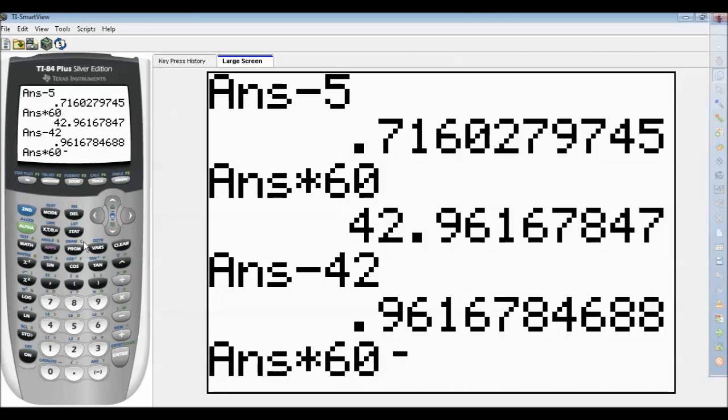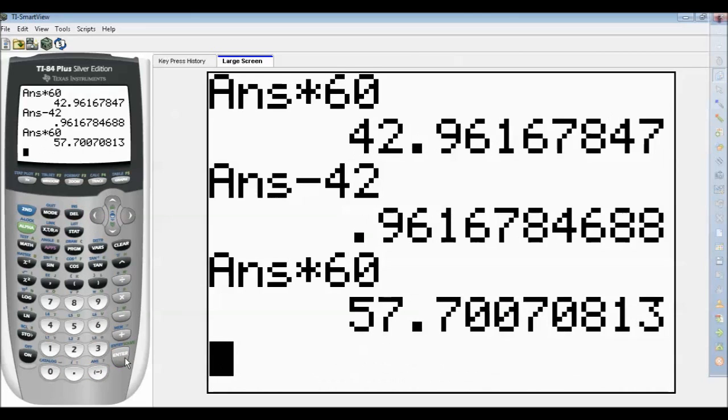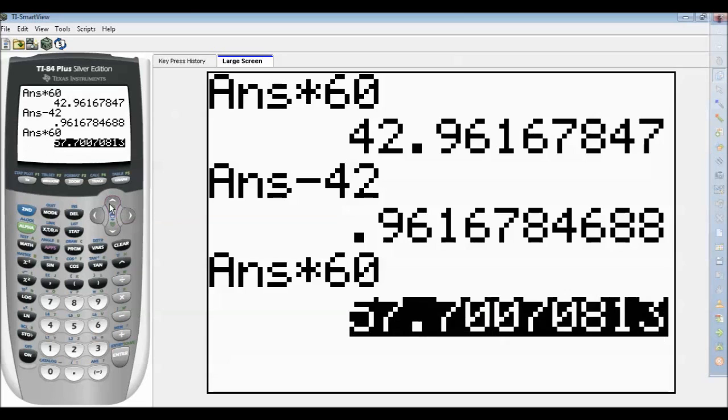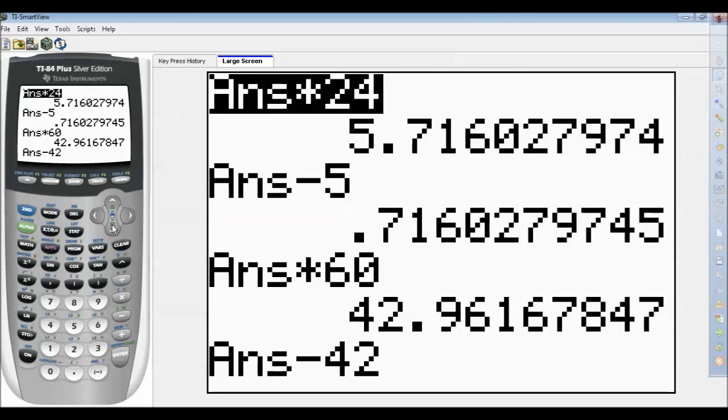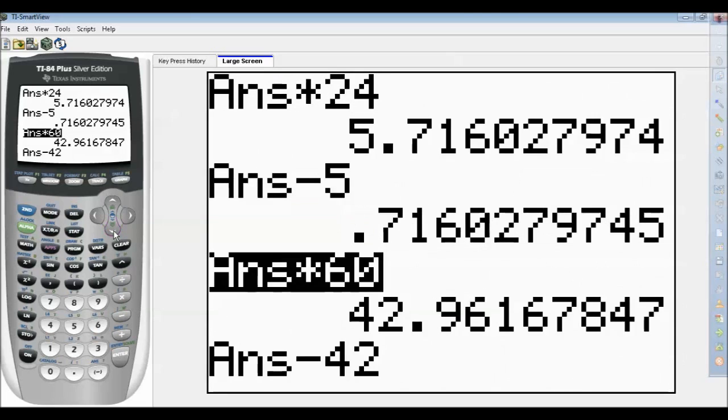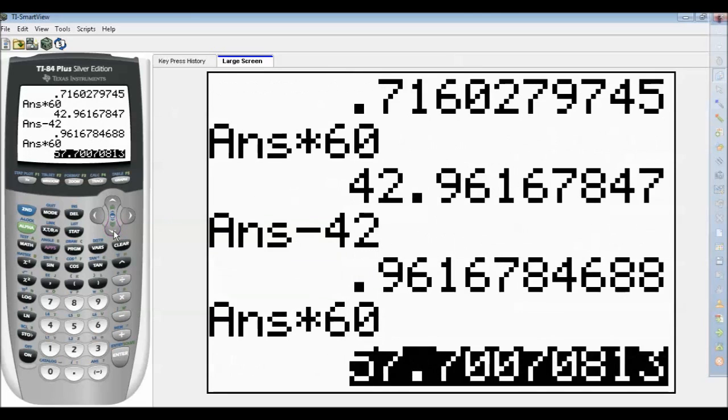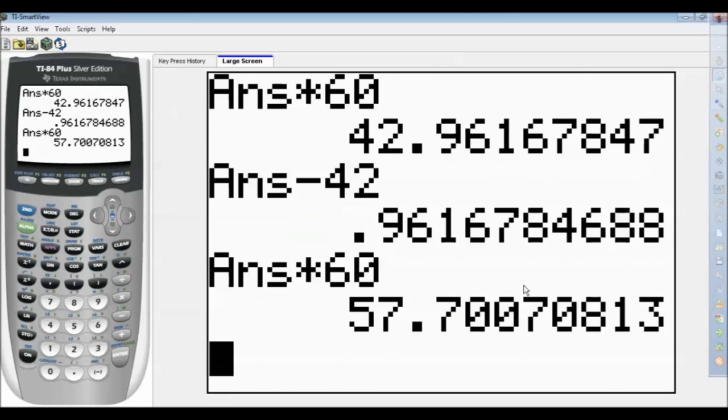Oops, don't want that negative sign in there. Delete that. There we go. So, recapping all of our numbers here, I believe, wasn't it 5 hours? Yeah, so 5 hours, 42 minutes, and 58 seconds.